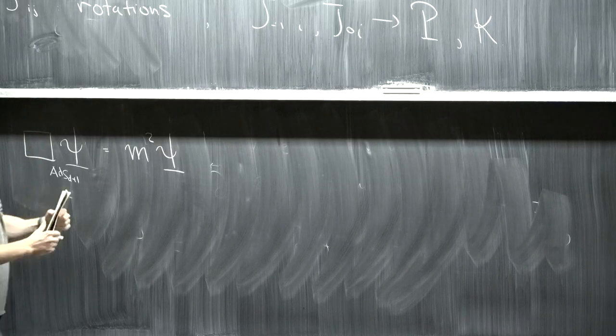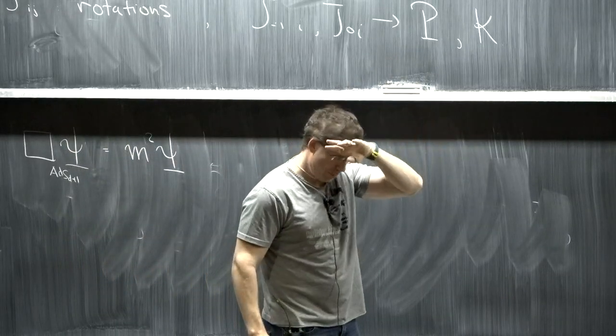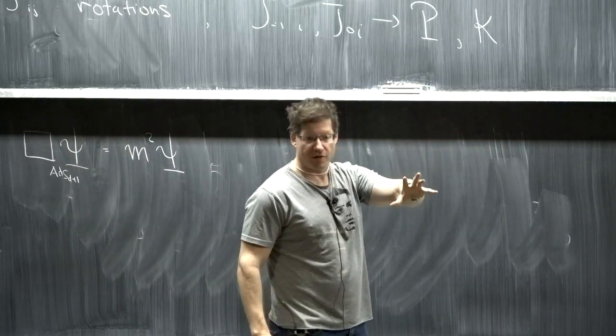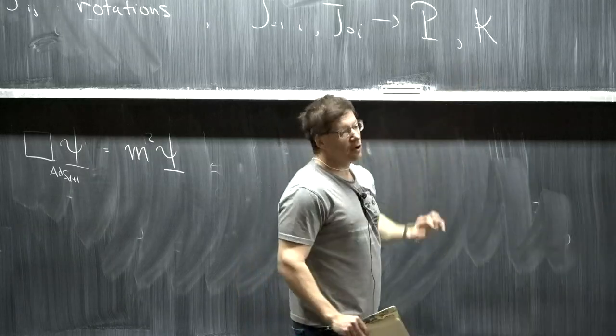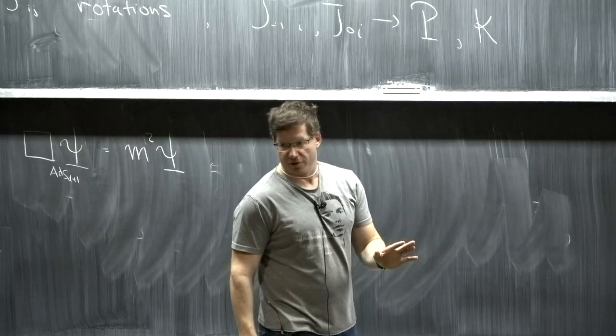So there are many wave functions, and we have the same structure as for primary operators in conformal field theory, because we have raising and lowering operators. So it's very important that P raises the energy of a wave function in AdS, and K lowers the energy of a wave function in AdS, because they satisfy the same algebra as in conformal field theory.